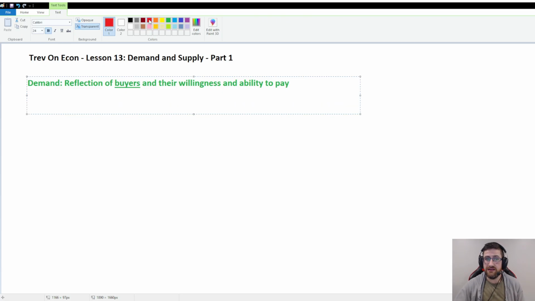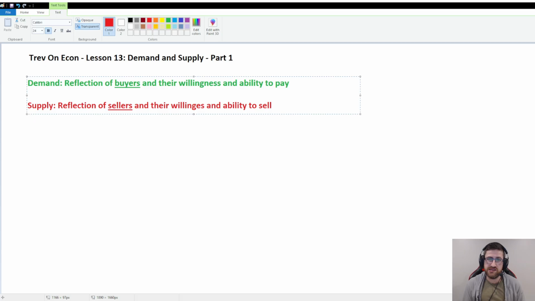Now, like I said, everything in this chapter is about reflection or opposition. So when I do the note for supply, well, supply is just the reflection of sellers and their willingness and ability to sell.